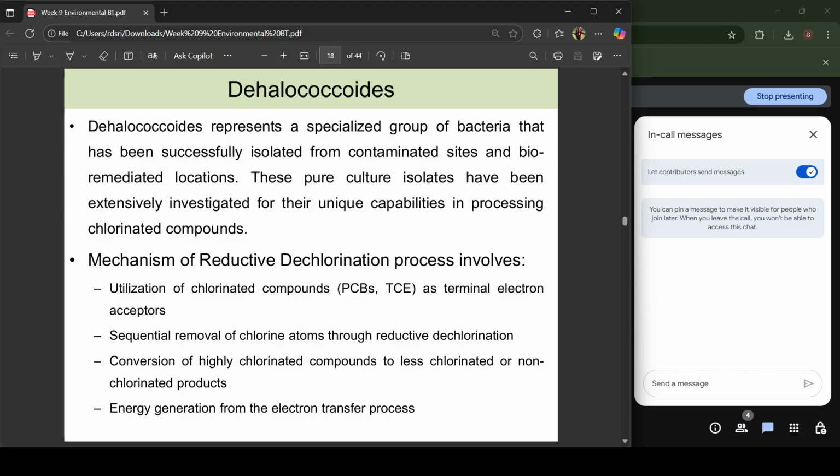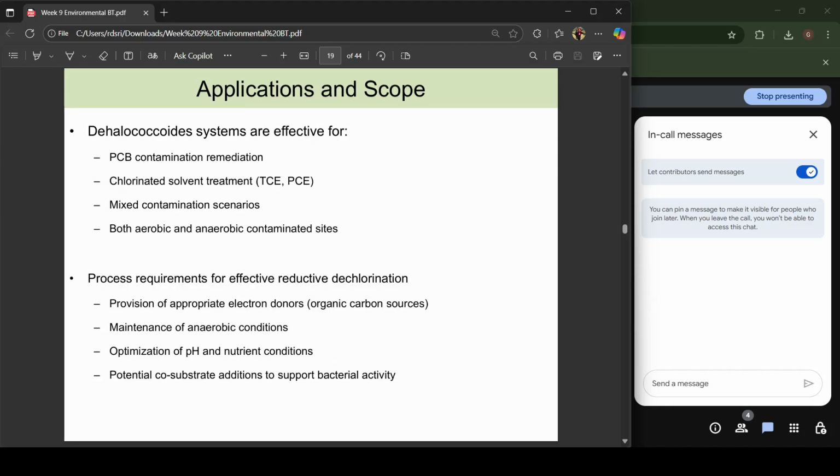So first it utilizes the chlorine compounds and then goes for sequential removal of chlorine atoms through a reduction process. That is known as reductive dechlorination, and conversion of highly chlorinated compounds to less chlorinated or non-chlorinated compounds. So this is the final output that we are getting. It converts the chlorinated contaminant into a less chlorinated or non-chlorinated product. And finally, it obtains energy through this electron transfer process. So this is how dehalococcoides are used for remediation of sites with chlorinated contaminants.